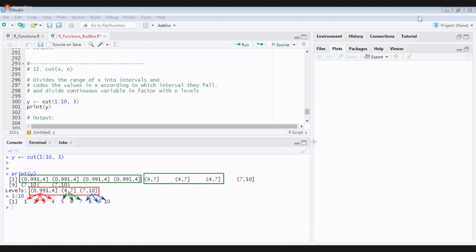So the last 3 values are replaced with 7 to 10.